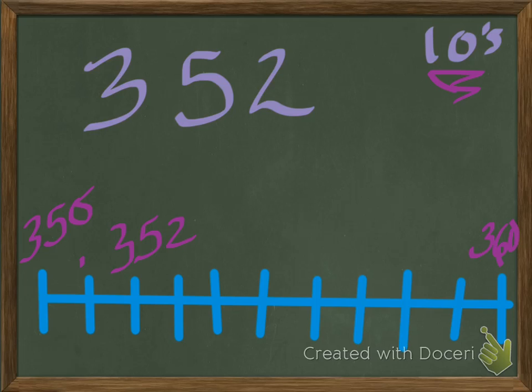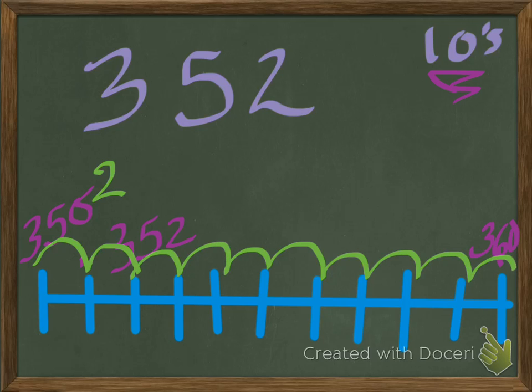And now I need to see which tens 352 is closest to. So is it closest to 350 or 360? So I have 1, 2. It's 2 away from 350, and it's 1, 2, 3, 4, 5, 6, 7, 8 away from 360. So clearly 352 rounded to the tens is closest to 350.